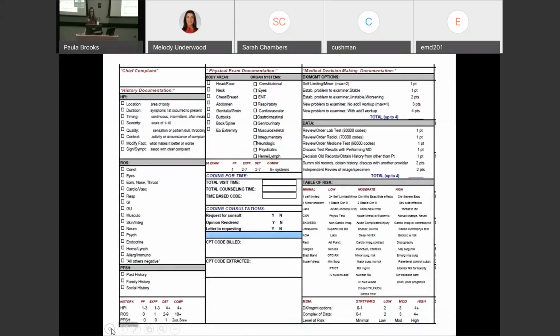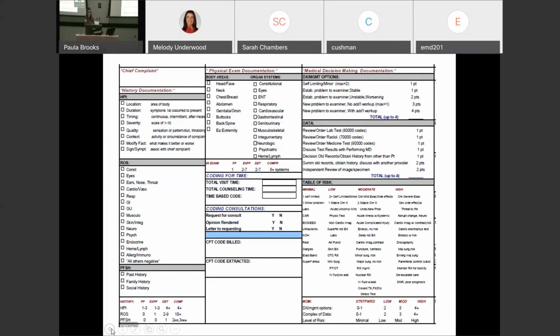This is the audit tool that you may recall from some of the last sessions. This is the E&M audit tool, and just to do a quick recap of it, we have our history section, which has your HPI elements. You will see your review of systems, and then your past, family, and social history.